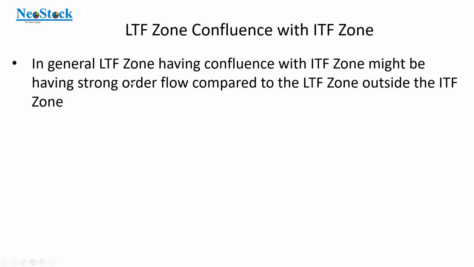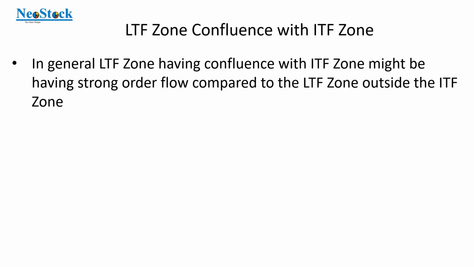In general, an LTF zone having confluence with an ITF zone might have strong order flow compared to an LTF zone which is outside the ITF zone. That means we are comparing two types of LTF zones. One type is having confluence with an ITF zone.